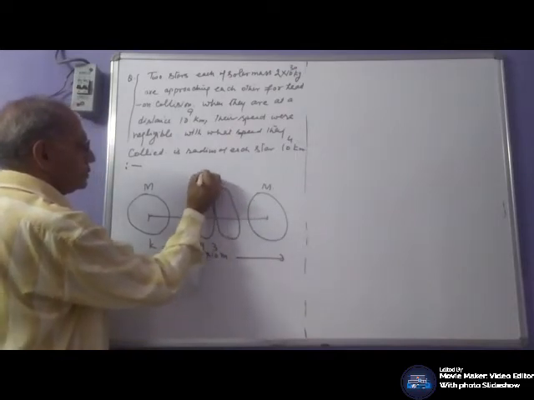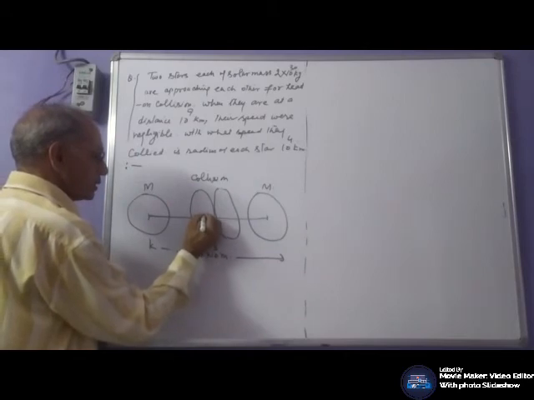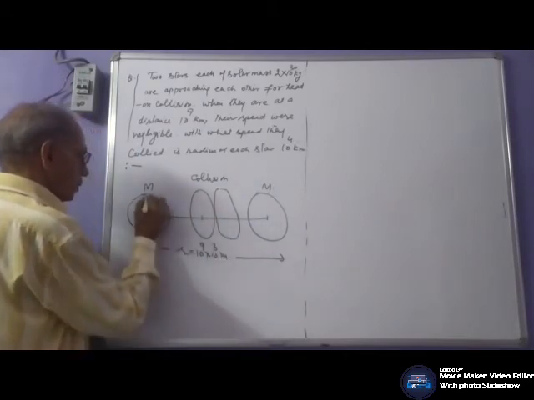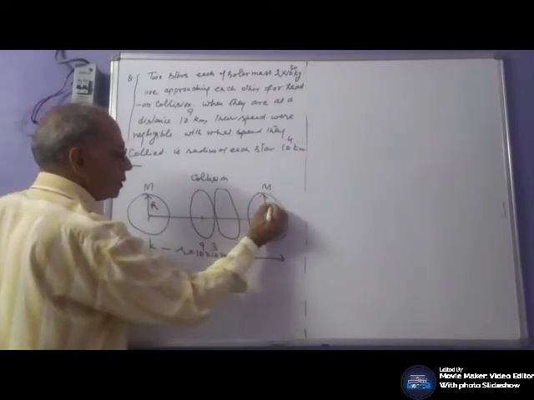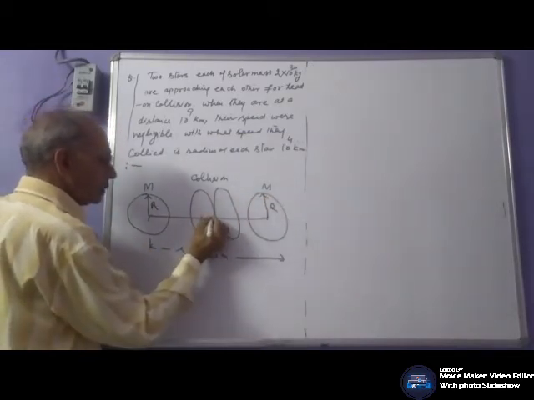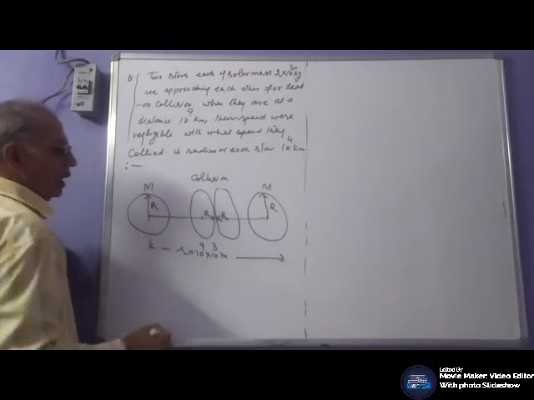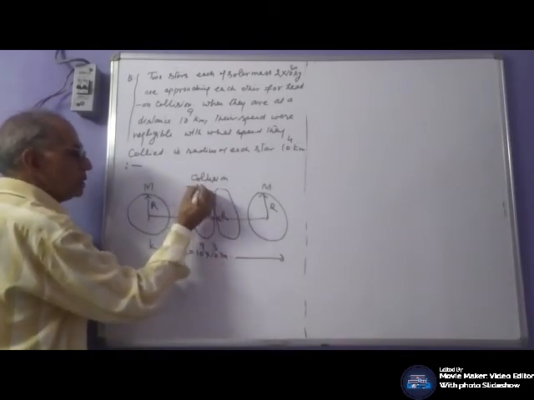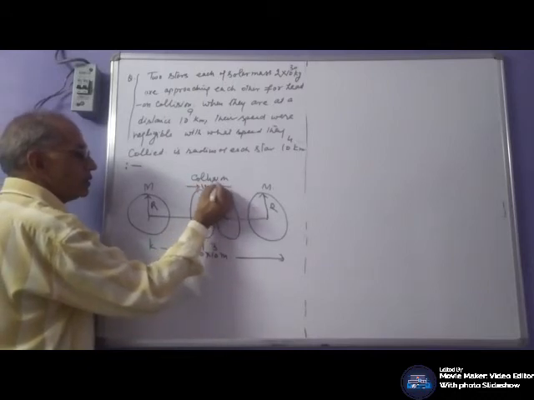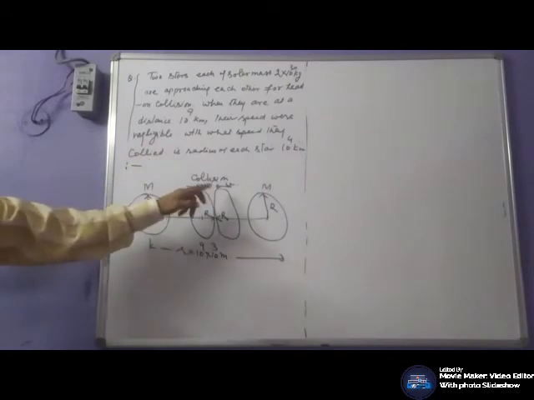This distance is capital R, and this distance is also capital R, meaning the distance between them is this. This is the velocity of collision, and we have to find this velocity.